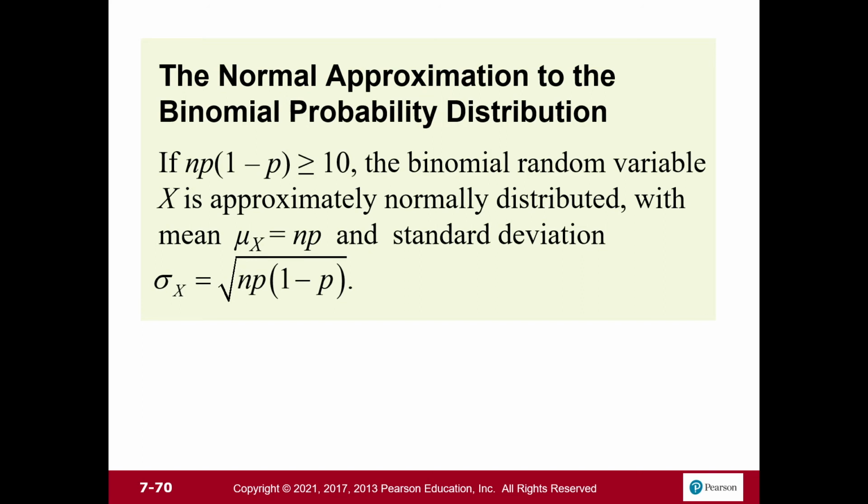So the normal approximation to the binomial probability distribution is, once this holds, x is approximately normal, the mean will be n times p, and the standard deviation will be the square root of n times p times 1 minus p.